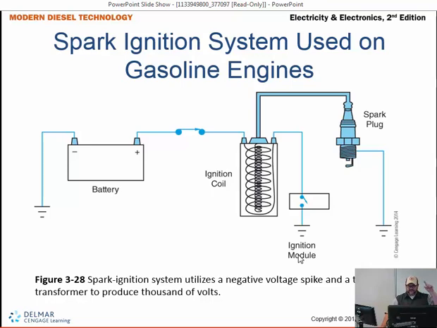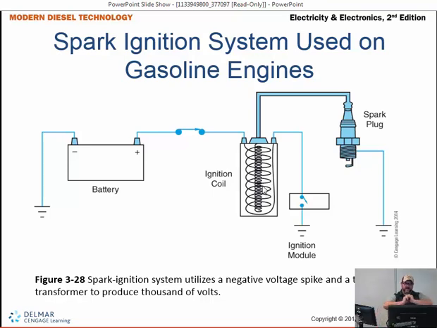That ignition module is opening and closing the contacts, because remember, in order for this to happen, we have to saturate the coil. And so what we're going to do is we're going to create this field right here, and it's going to induce voltage into the secondary.